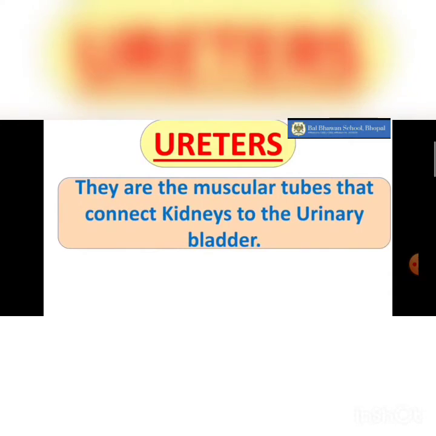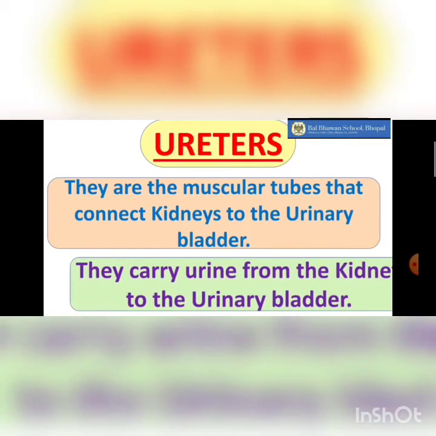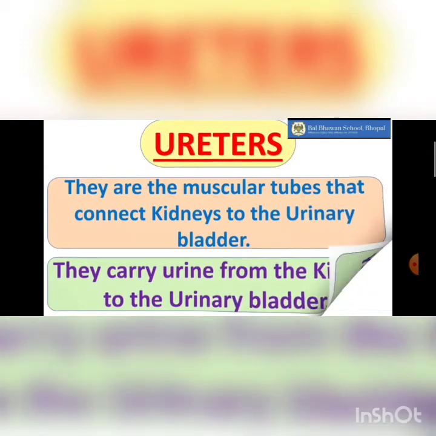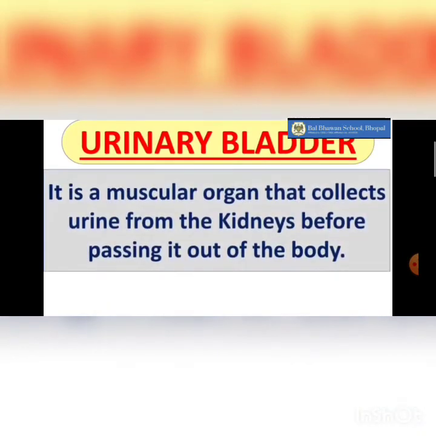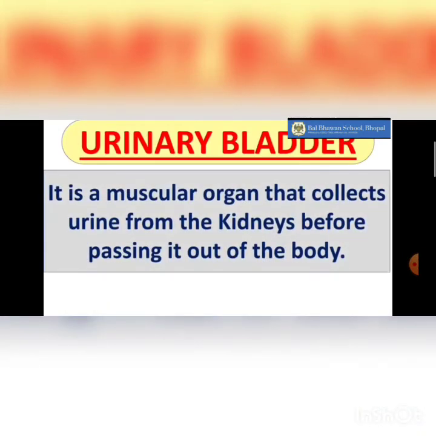Now the next organ of the urinary system is ureters. They are the muscular tubes that connect kidneys to the urinary bladder, and they carry urine from the kidneys to the urinary bladder. Coming to the urinary bladder, it is a muscular organ that collects urine from the kidneys before it passes out of the body.